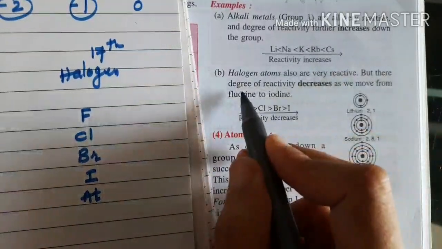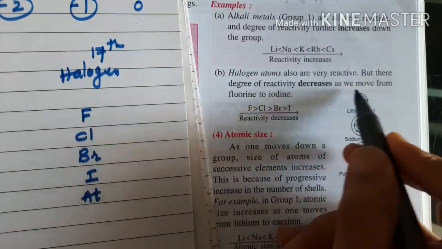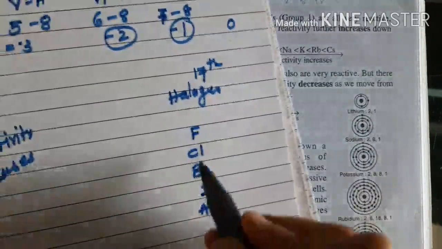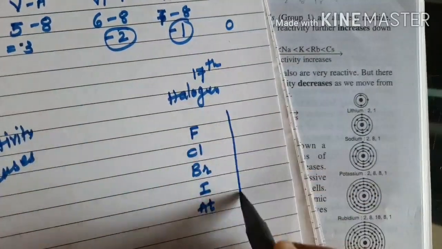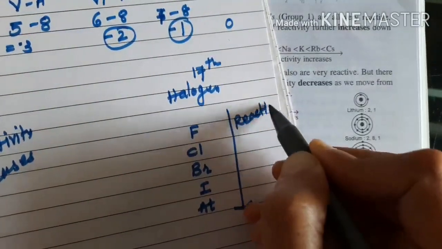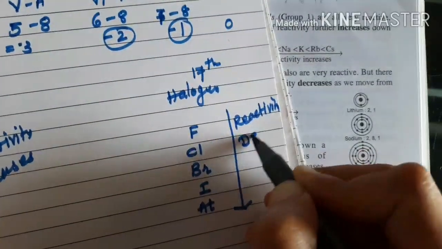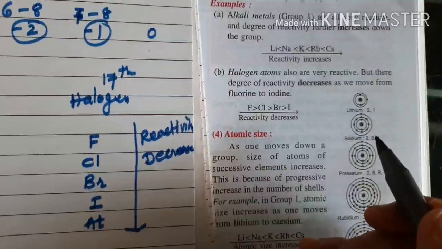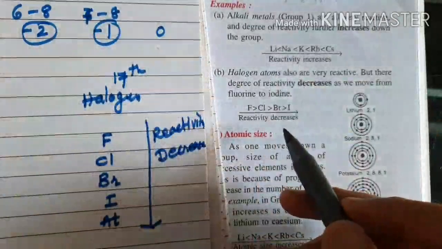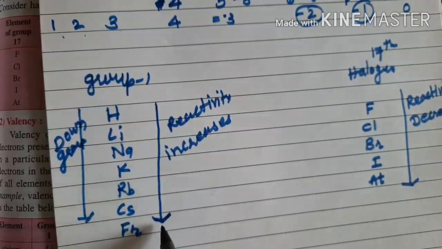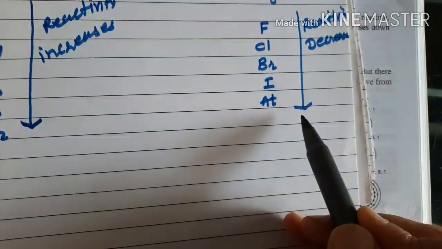But the degree of reactivity decreases as we move from fluorine to iodine, which means that from top to bottom in this group the reactivity decreases. Remember this too: alkali metal reactivity increases, halogen reactivity decreases.